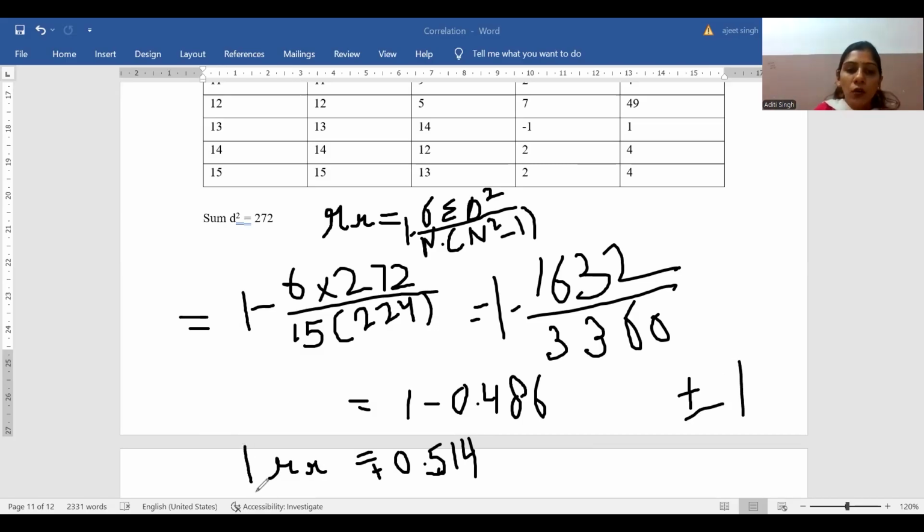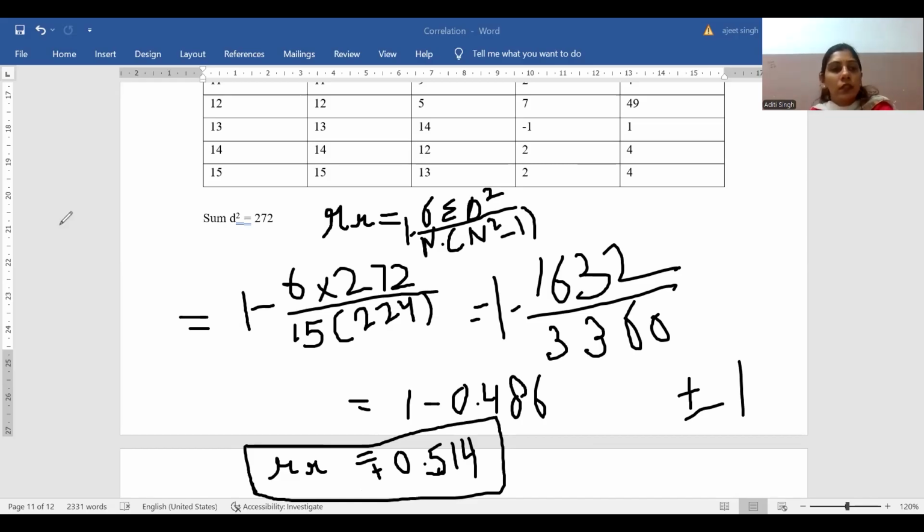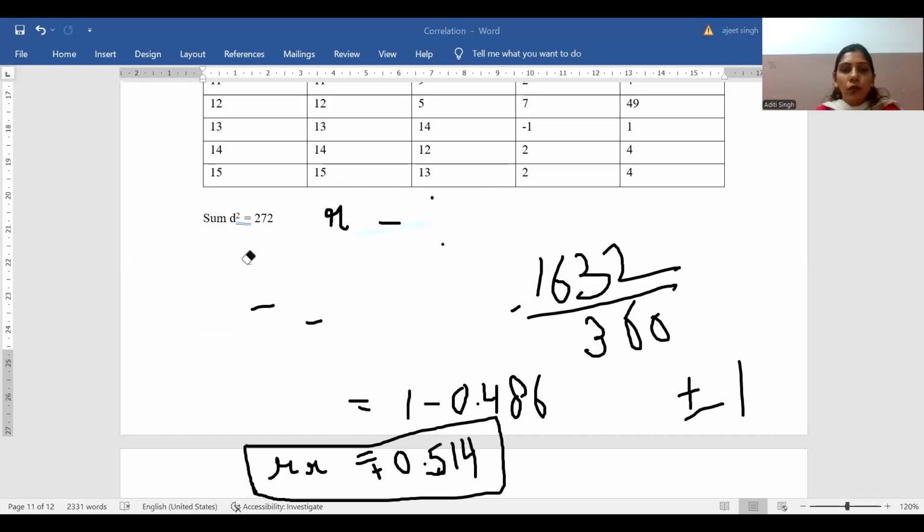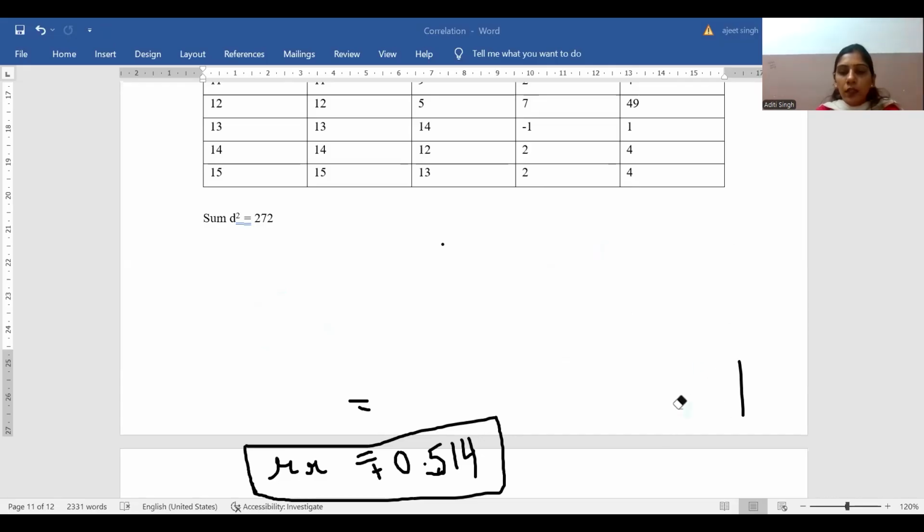Okay, so this is how we calculate the value with the help of Spearman rank correlation coefficient. This is the process of calculating the value of correlation with the help of the ranking method. We can also call it a ranking method.